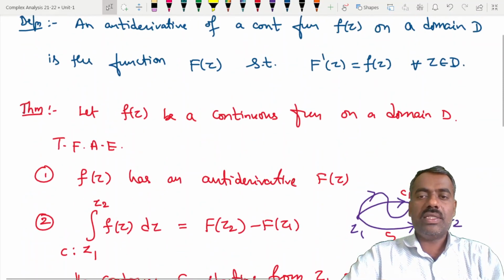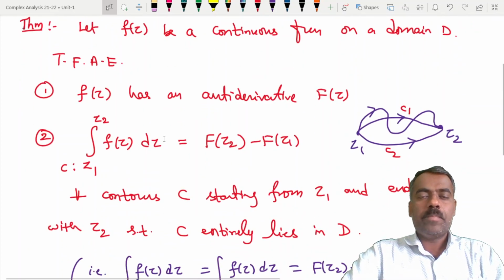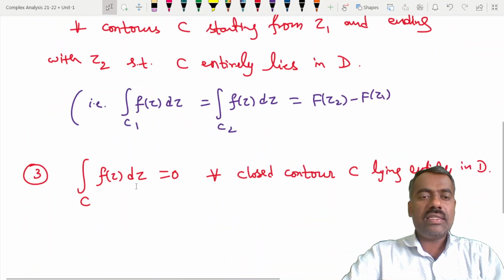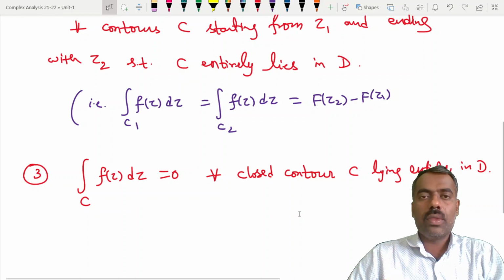These three statements are equivalent. So whenever f has an antiderivative, the integration of f does not depend on which path we select from one point to the other, and the integration of f over any closed contour is zero. Let's do this.